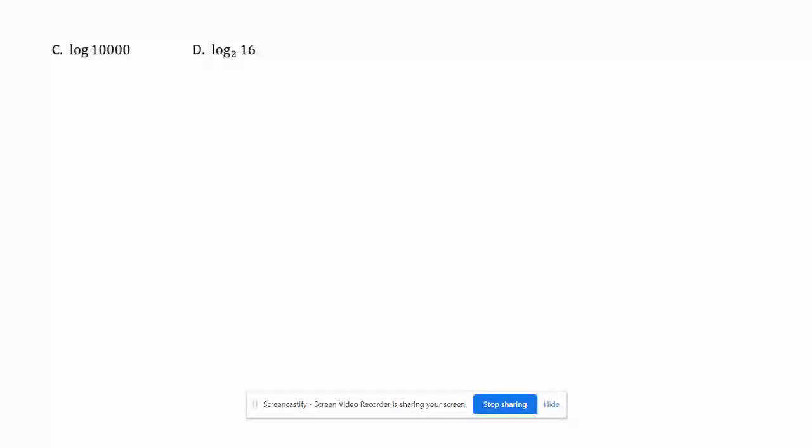In this case, we have a log of 10,000, and we have no written base. We call this the common logarithm.